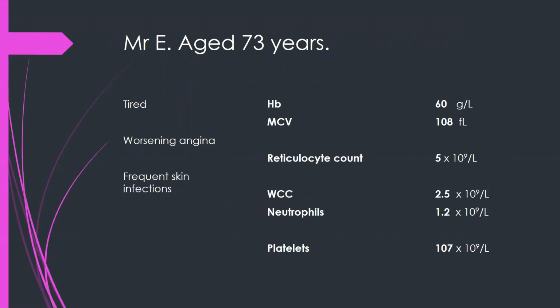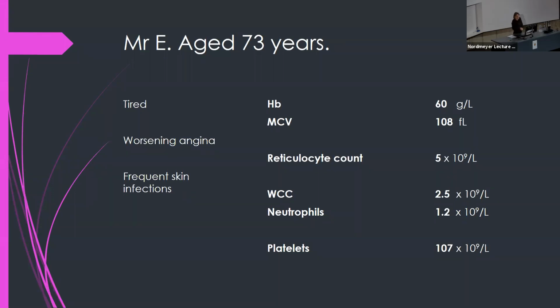But I'm suspicious there could be a functional problem with his neutrophils, because he's got enough, not normal amounts, but enough to protect him from bacterial infections, but he's still getting them. And he's got a bit of a thrombocytopenia too. And his reticulocyte count is low as well, so the bone marrow is not responding to the anemia.